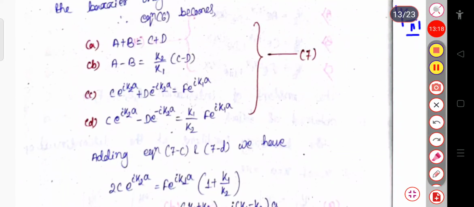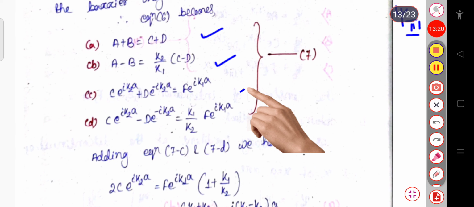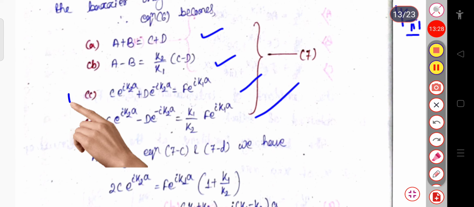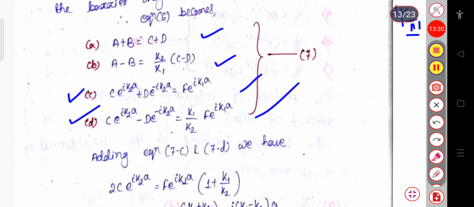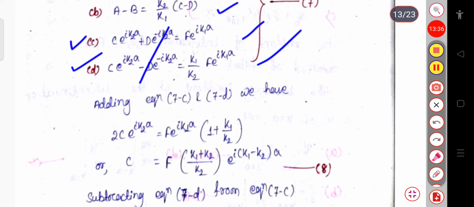So a plus b equal to c plus d. Here you will get the four expressions like this. Okay, so now we have to solve this. First of all, if you add these two expressions, then they will get cancelled, and finally you will get twice c exponential iota k2a. Here we have substituted the boundary condition.